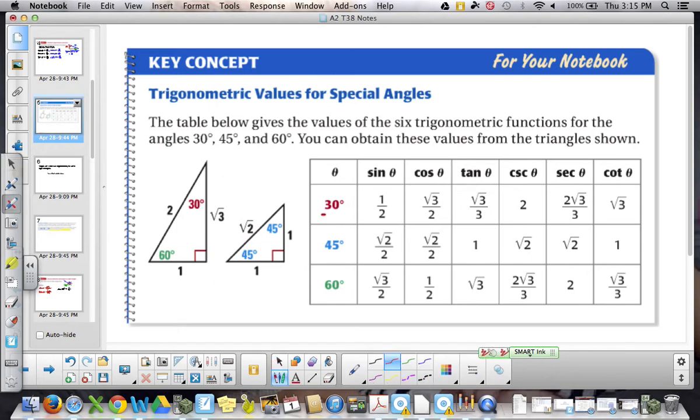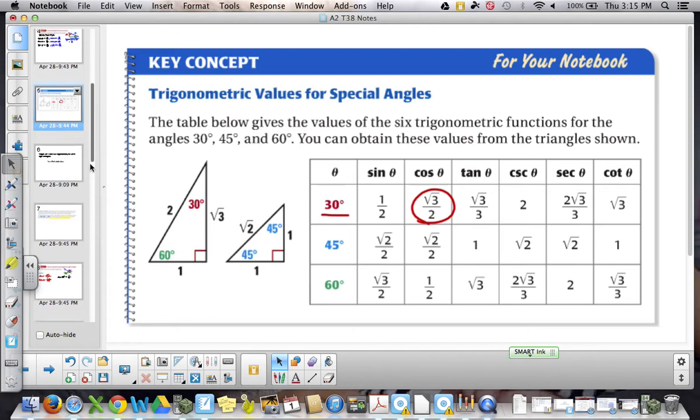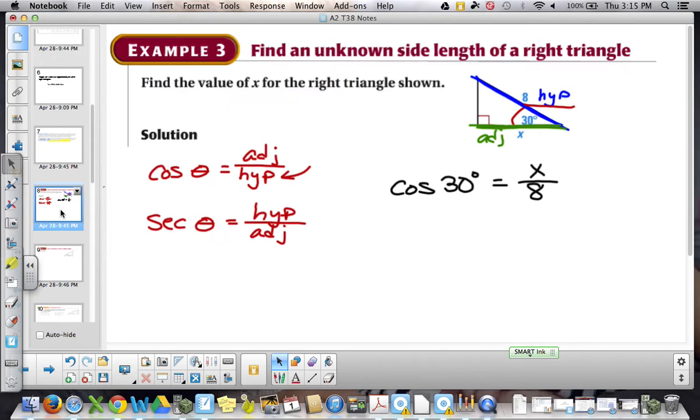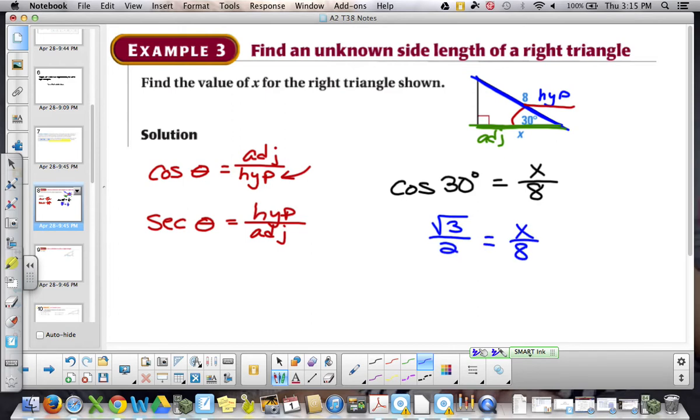Here's 30 degrees, cosine square root of 3 over 2. So we can fill in cosine of 30 with the square root of 3 over 2, equaling x over 8. Then to solve for x, you just multiply both sides by 8. So we end up with 4 times the square root of 3 equals x.